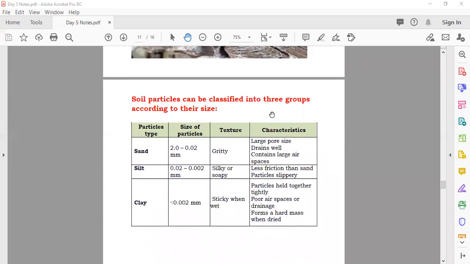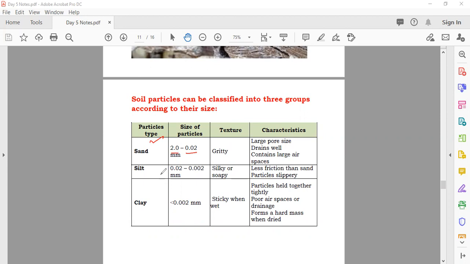Now they are saying that soil particles can be classified into three main groups. I think this page was added and should be with the soil, but no problem, you can have a look here. Sand particle size is from 2 millimeters to 0.02 millimeters.